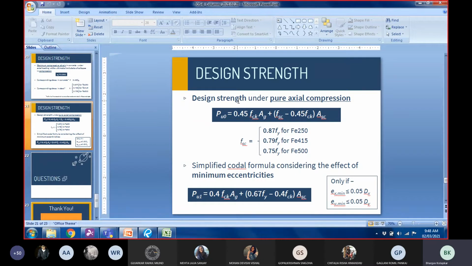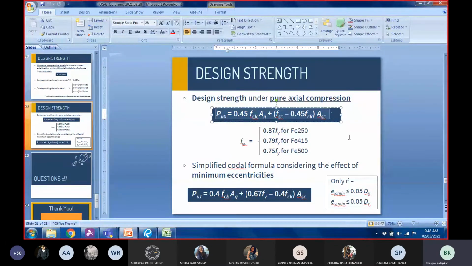But the code says that we must design the column for a minimum moment also. So if this minimum eccentricity or minimum moment is to be taken into consideration, we'll have to design the column for this value of load plus a certain MUX and a certain MUY. What the code does is simplify this formula so that the column is automatically designed for a minimum value of moment.